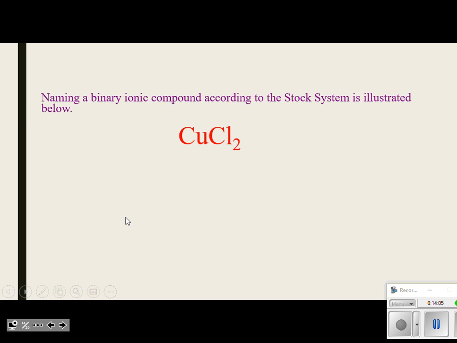Now, when we name a binary ionic compound and we need to use the stock system, I have certain things that I go through, kind of a mental checklist here. So, when I'm going through this particular one, CuCl2, I know I'm dealing with copper, I know I'm dealing with chloride.